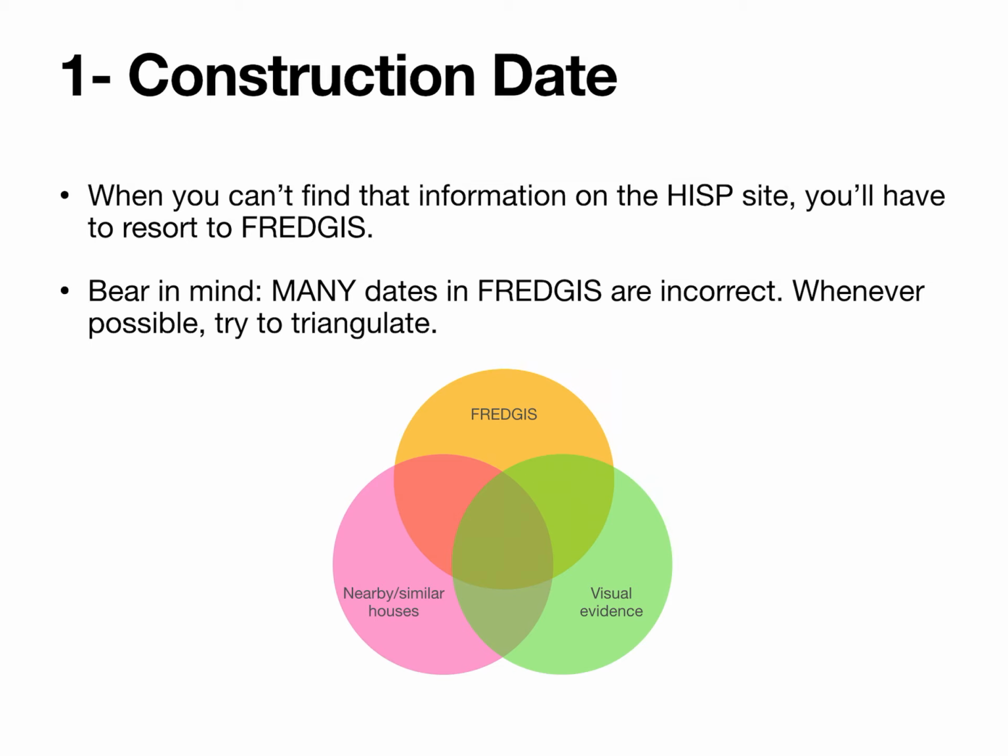Well, then, try to figure out what's happening there. So again, if you have to use Fred GIS, when you put in the evidence for the date on the survey form, say so that you used Fred GIS. But please also tell me how you tried to confirm that date, because again, those dates are often incorrect.